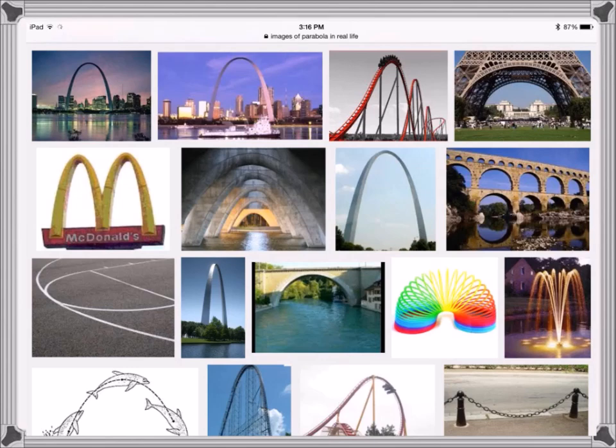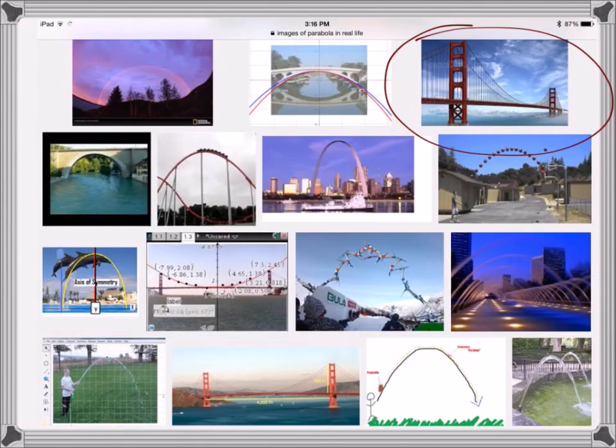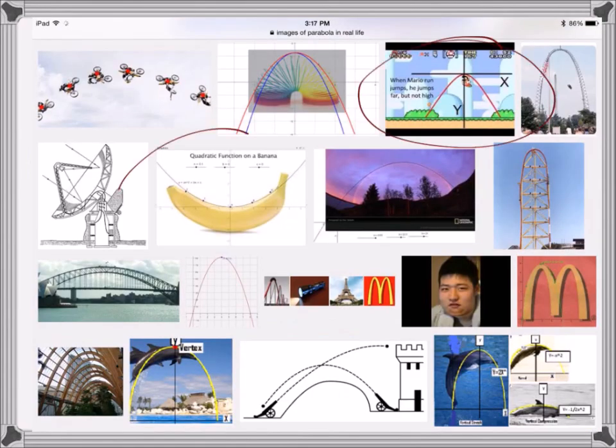For example, the Eiffel Tower, roller coaster rides, McDonald's, basketball court, the Golden Gate Bridge, arches under the bridge, the trajectory of which a whale or a dolphin jumps, video games, and even bananas. So knowing the functions and the behaviors of parabolas helps us to model a lot of the physical objects in the real world.